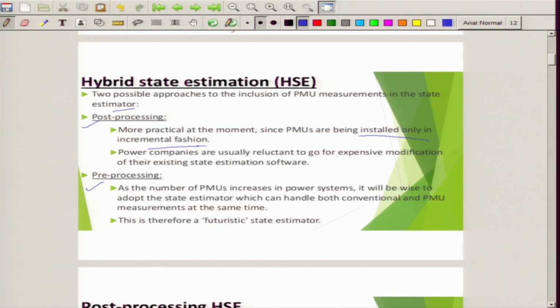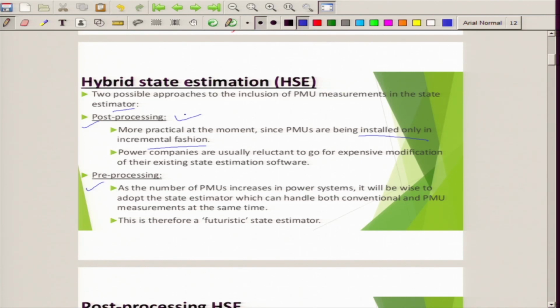So it may not be feasible to install PMUs all over the transmission system and the distribution system because of the increase in cost. Over a period of time, gradually the PMU installation rate may increase. So in that case, this approach is more suitable at this point of time.